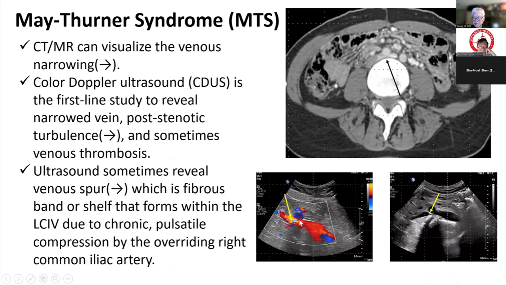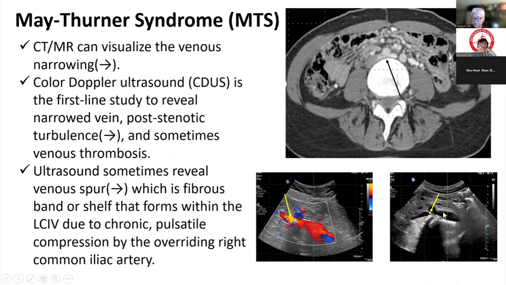In this patient, this is the right common iliac artery. This is the compressed left common iliac vein, and the red colored slow flow changes to bright colored fast flow here.